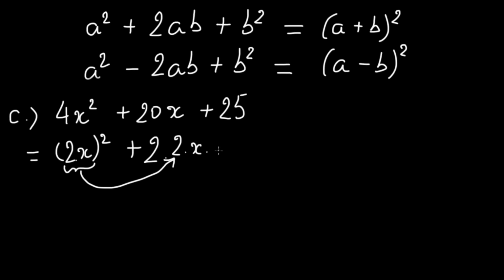And times b. What is b? In order to know b, we need to know what number multiplied by 2 equals 20, or what number multiplied by 4 equals 20. It is 5, because 2 times 2 is 4, and 4 times 5 equals 20. b is 5, so b squared is 5 squared, and it is 25.